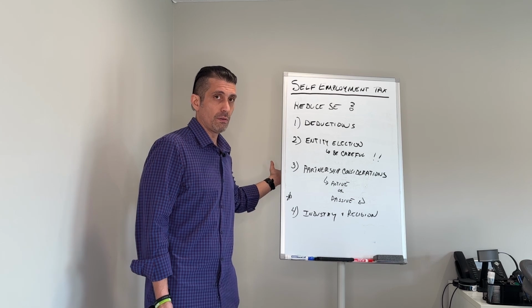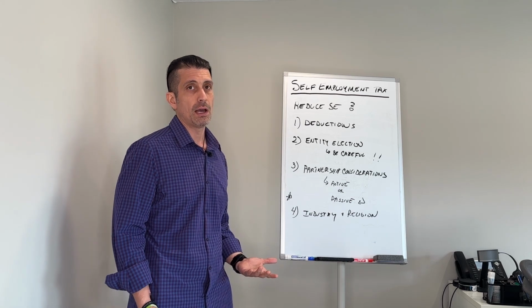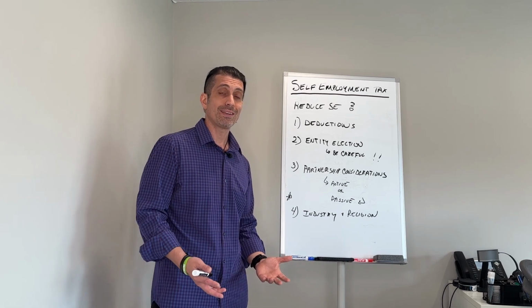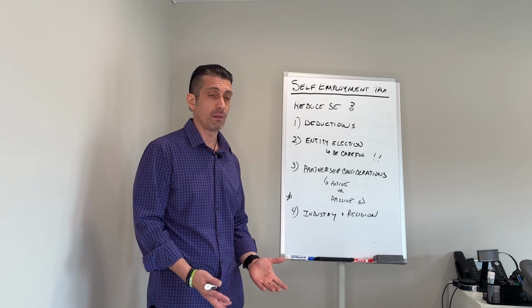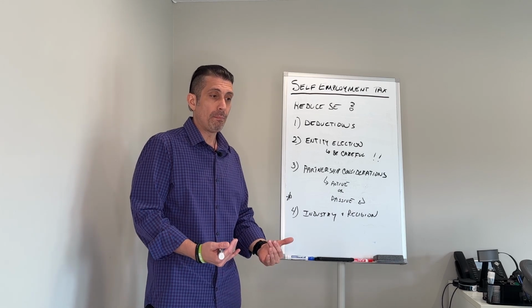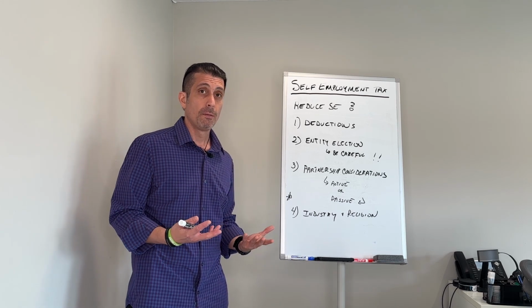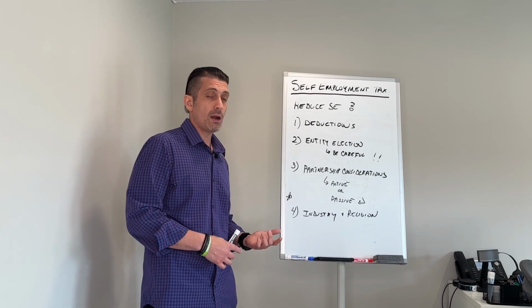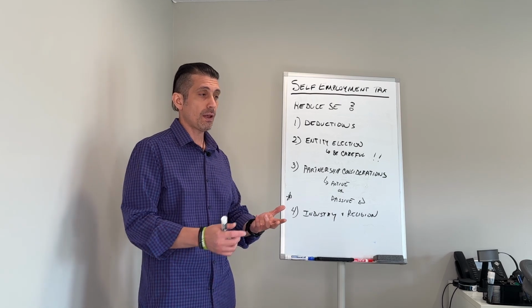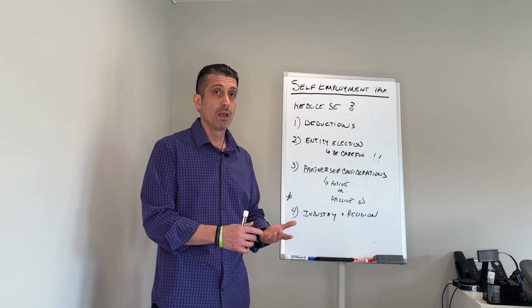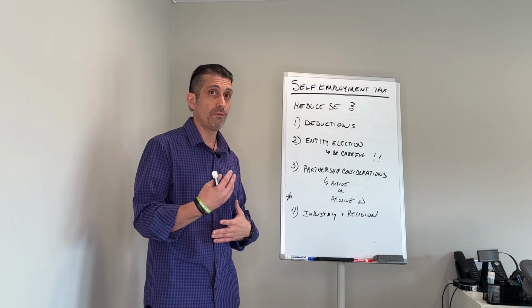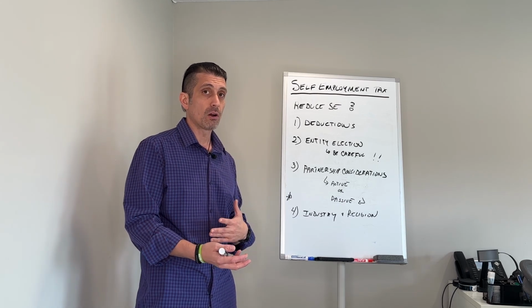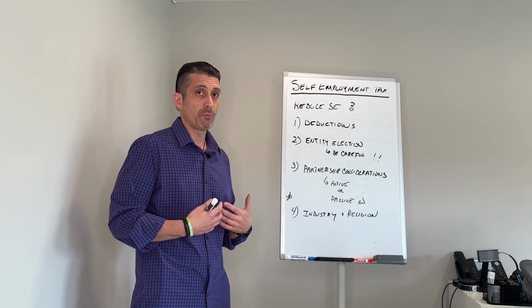So what are deductions? Deductions, as defined by the IRS, are ordinary and necessary expenses of conducting business. So in my business as an accountant, what is ordinary and necessary as an expense? I have software, I have a desk, I have insurance. These are all examples of expenses that are ordinary and necessary for me to do business.